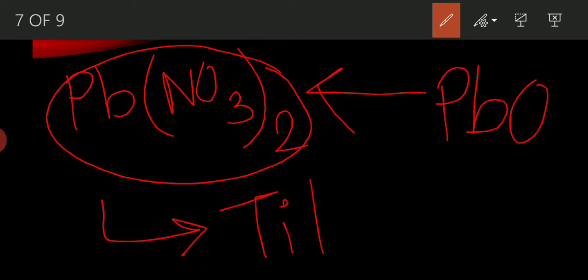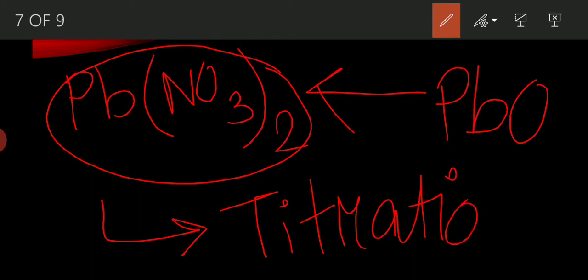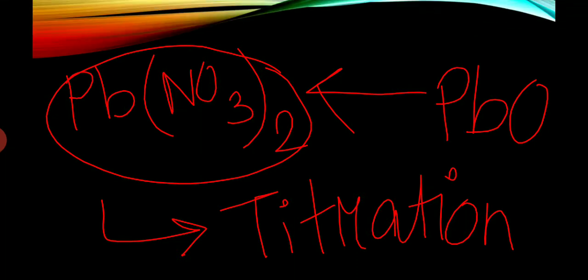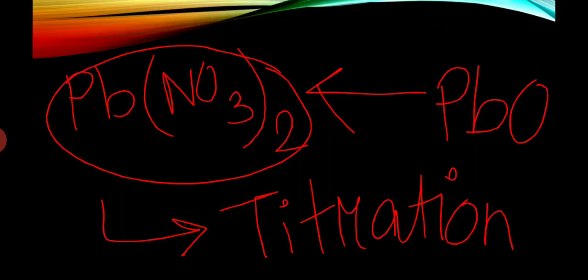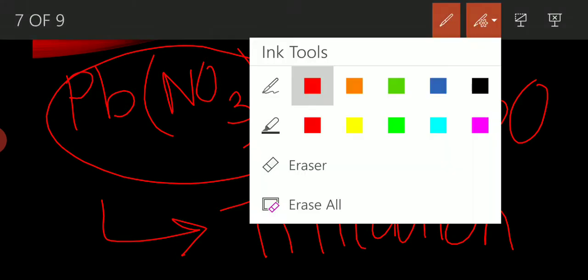The method is titration. In my previous video, I have explained this. You can go and watch that video. So lead nitrate can be prepared from titration. Clear? So here we will write B. Titration.